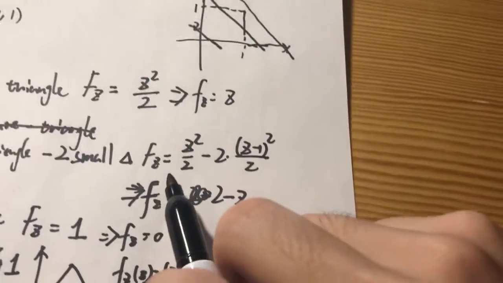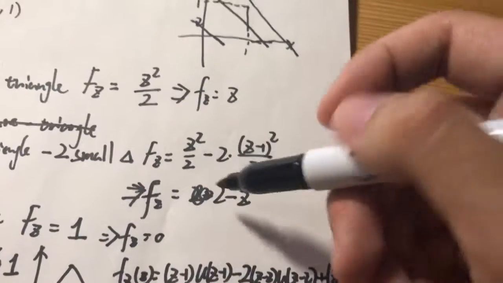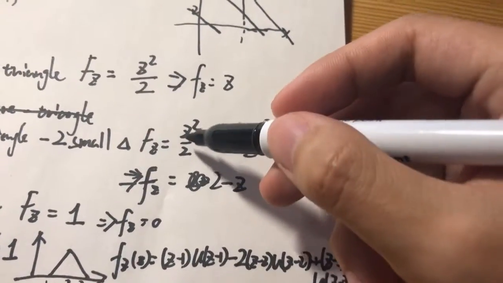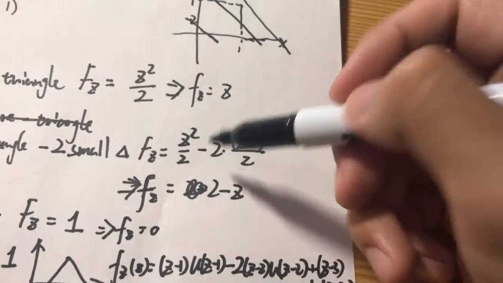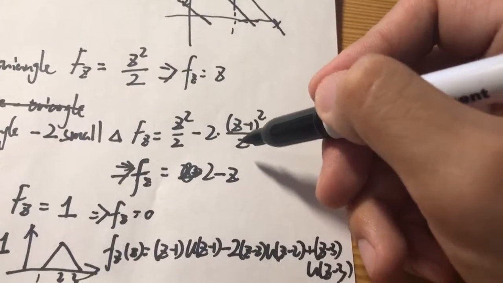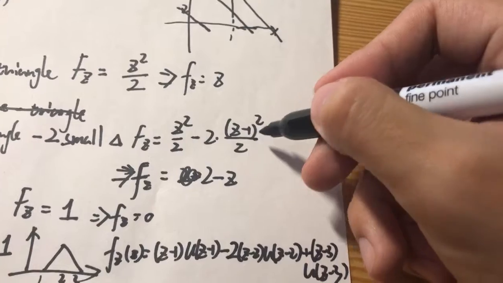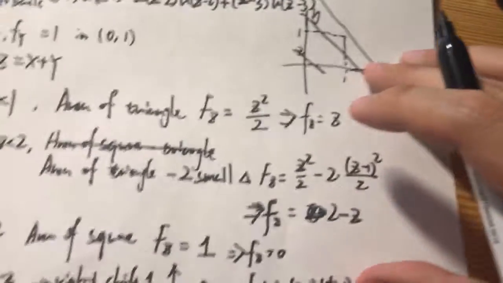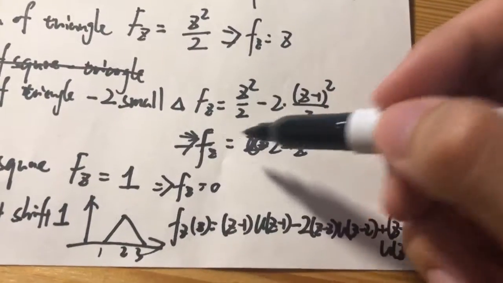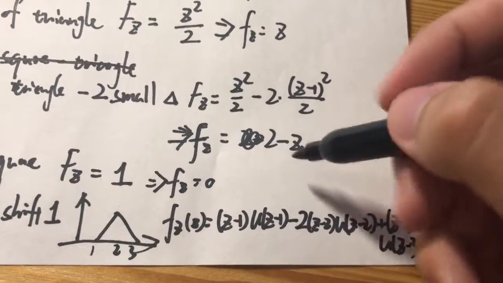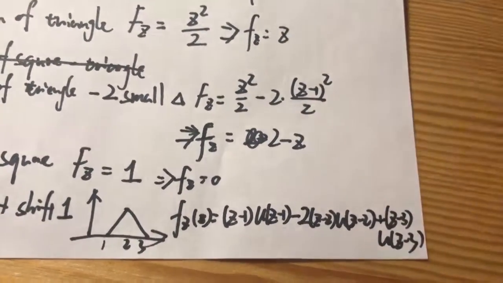The final result is 1 minus 2 times (z minus 1) squared over 2, and of course we take the derivative, and we have 2 minus z.